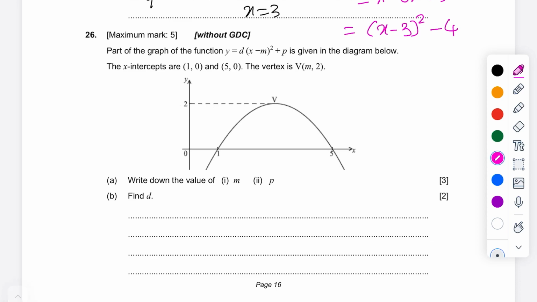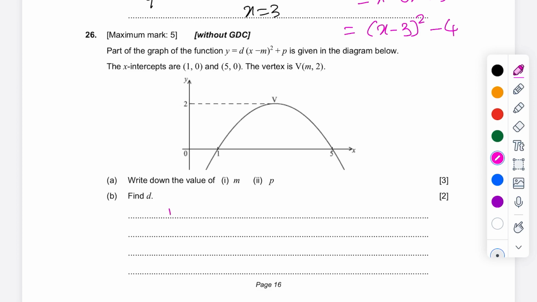Question number 26. Part of the graph of the function is given in the diagram below. The x-intercepts are (1, 0) and (5, 0). The vertex is (m, 2). Write down the values of m and p. So the vertex is (m, 2).